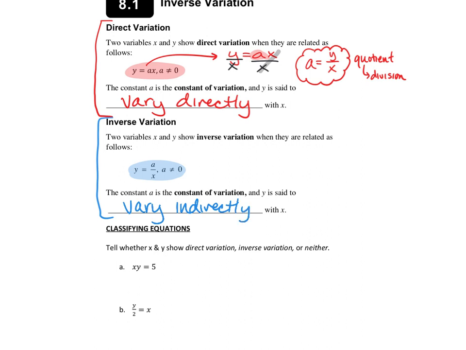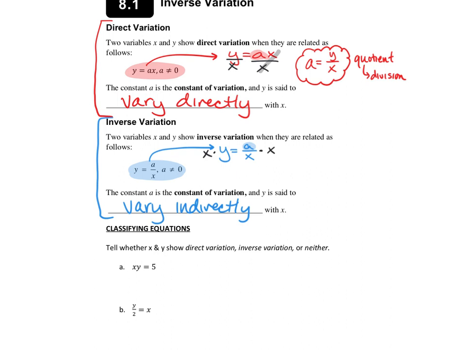We put the prefix in on the word directly to mean not, so not directly. And what's interesting and weird about this is if we took this equation, just like we did for the red one, and solved the equation for a, meaning I want to get a by itself, what would I need to do on both sides to make that happen? Multiply by x. Okay, weird. We've never really done that before, but we can.